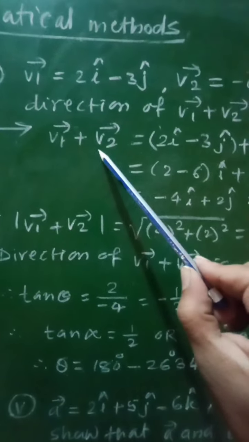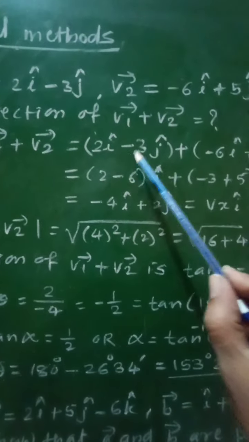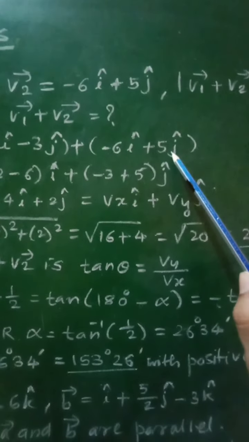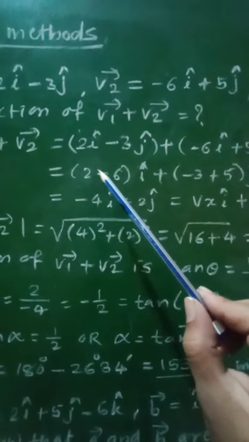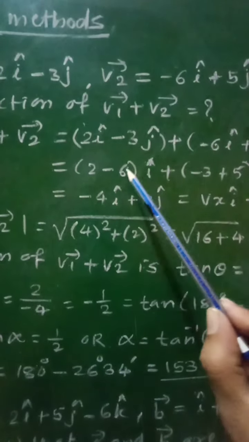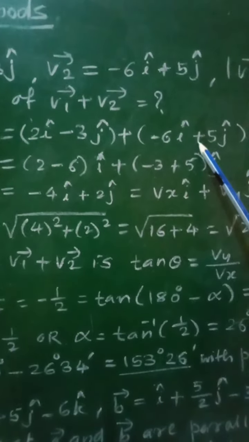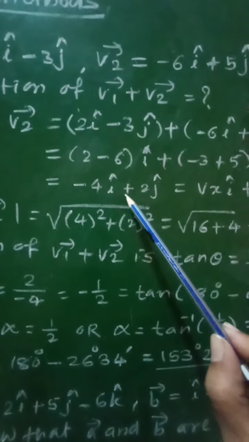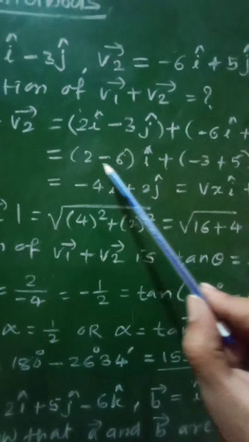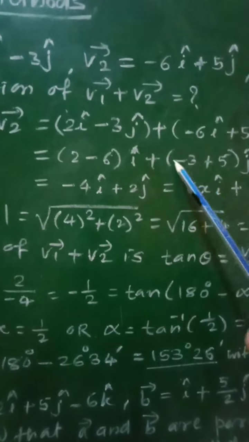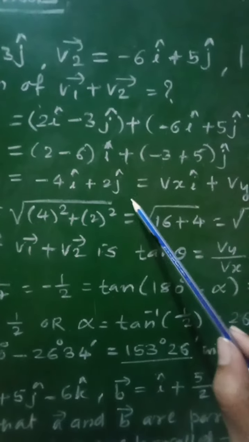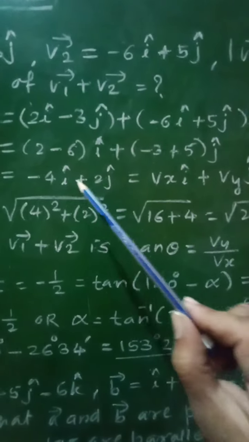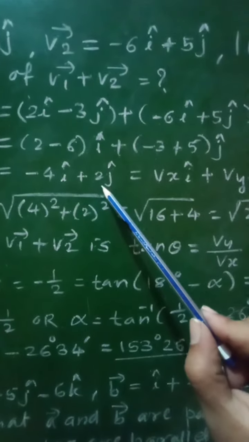That is vector v1 plus vector v2 will be equal to 2i cap minus 3j cap plus minus 6i cap plus 5j cap, which will be equal to 2 minus 6 i cap plus minus 3 plus 5 j cap, which comes out to be minus 4 i cap plus 2 j cap. This will be written as Vx i cap plus Vy j cap, where Vx will be minus 4 and Vy will be equal to 2.